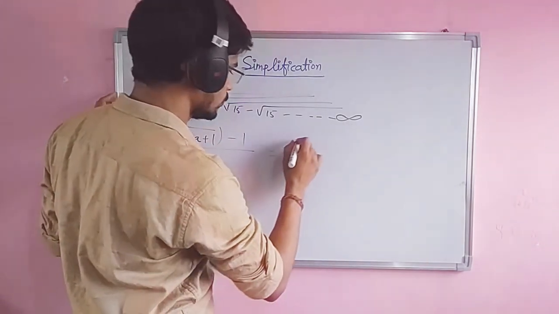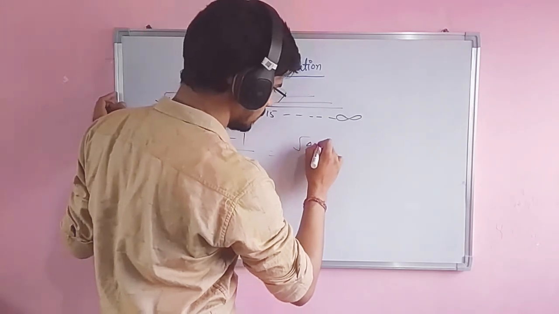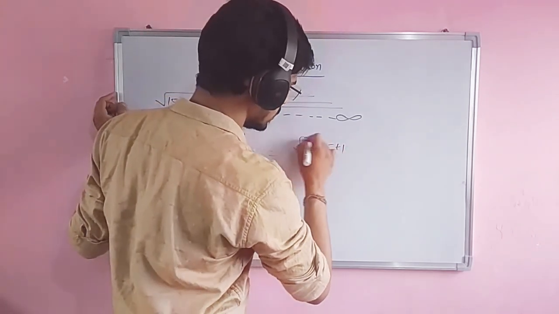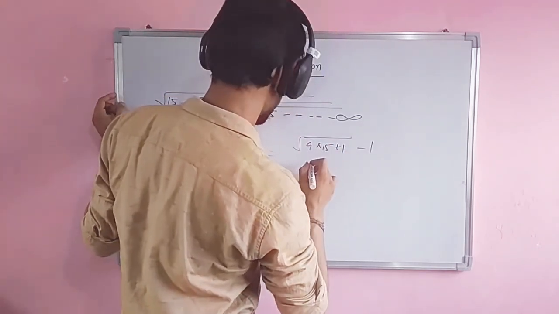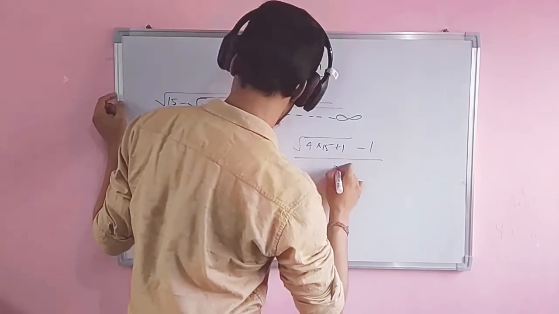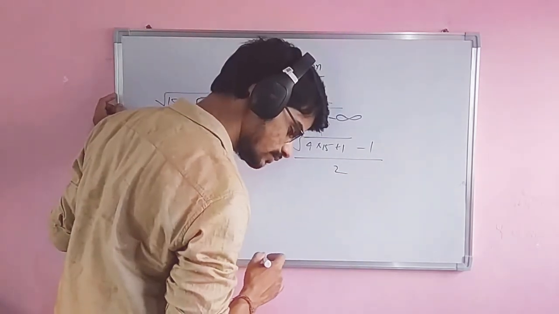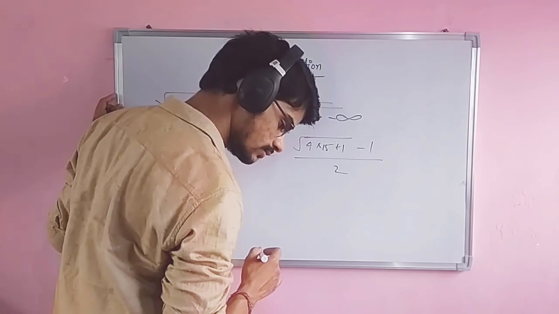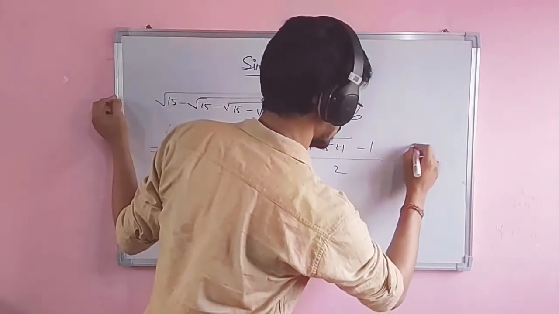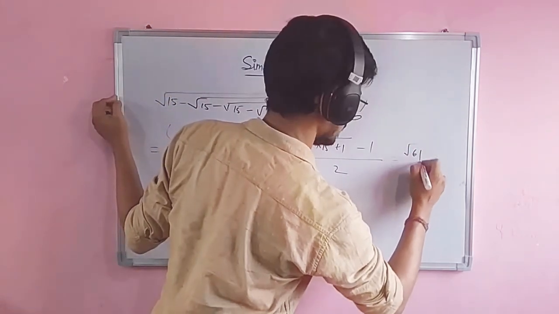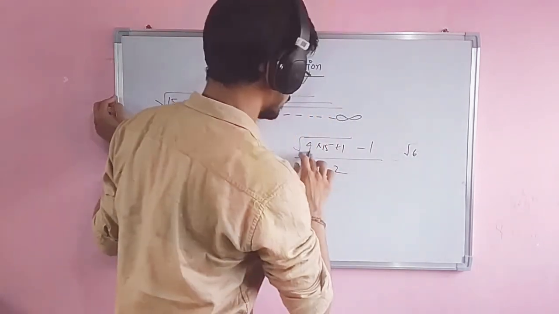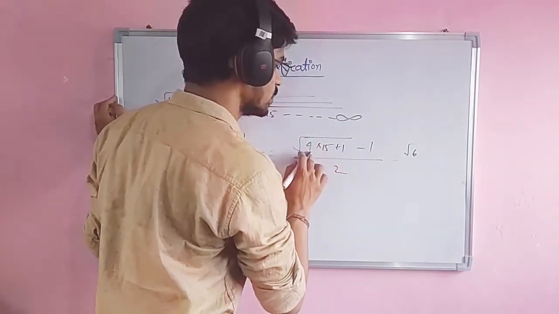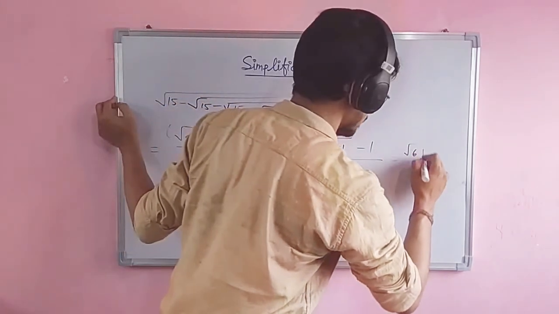Here a equals 15. 4 multiplied by 15 plus 1, under root, minus 1 upon 2. 4 times 15 is 60, 60 plus 1 is 61.